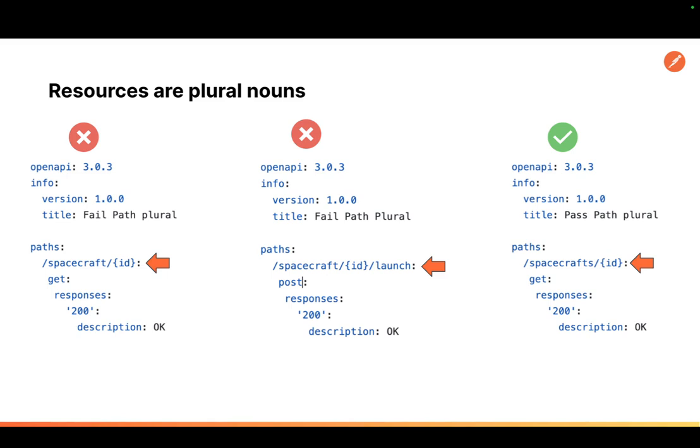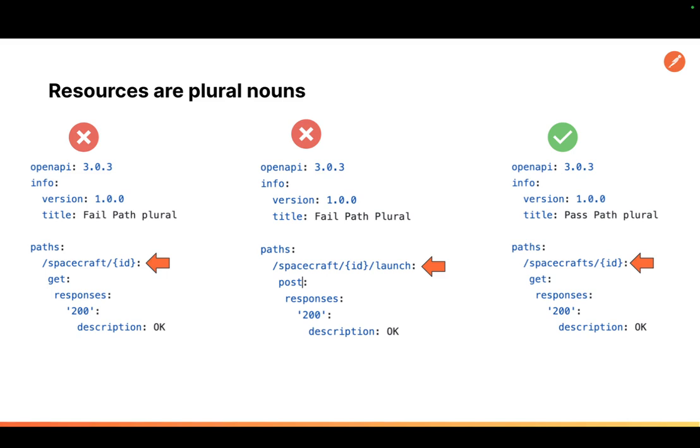And this is a bit subjective, so we find that the plural best describes the collection operator. So when you get spacecraft, you get a list of spacecrafts. But the important thing here is to choose one thing and stick with it.